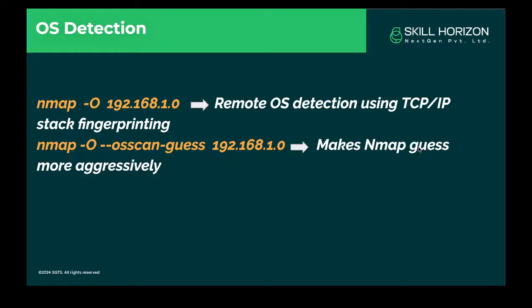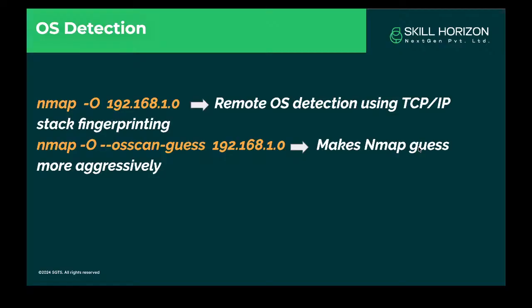Okay, so the operating system detection option is -O. If you use this option, then remote operating system detection using TCP/IP stack fingerprinting will be performed on your given target by Nmap, and it will detect the operating system that is running on your target.